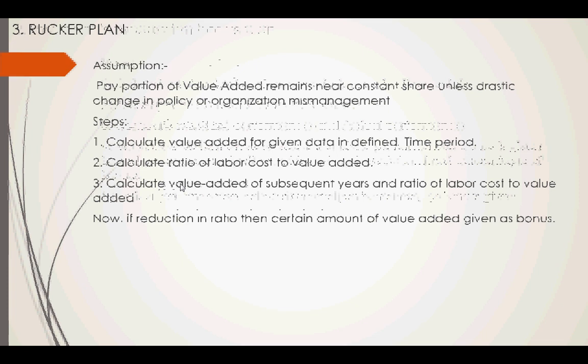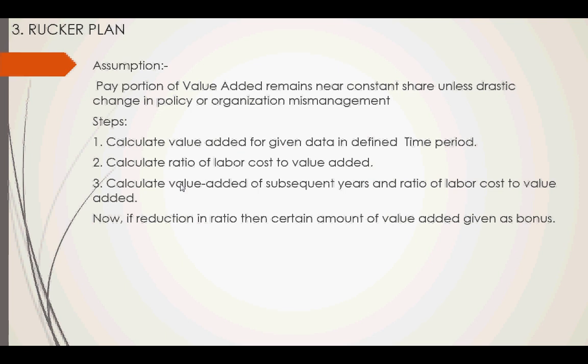Number 3, Rucker plan. Pay portion of value added remains a near constant share unless there is a drastic change in the policy or organizational mismanagement. This is one important scheme. How do we calculate the incentive here?